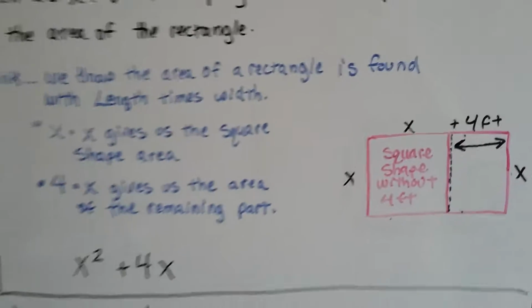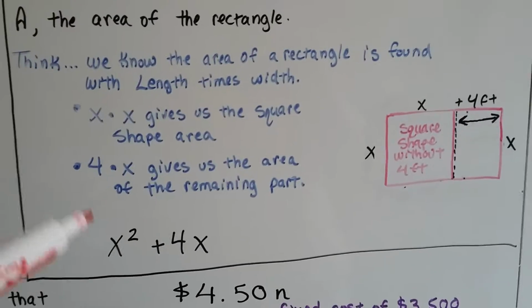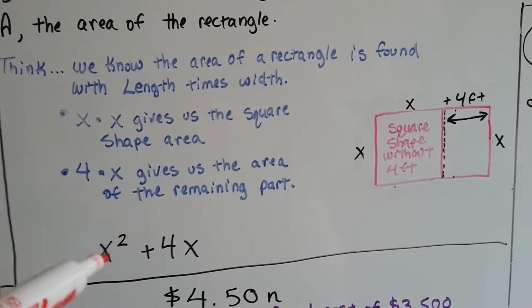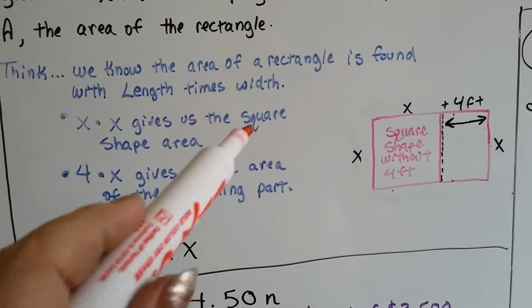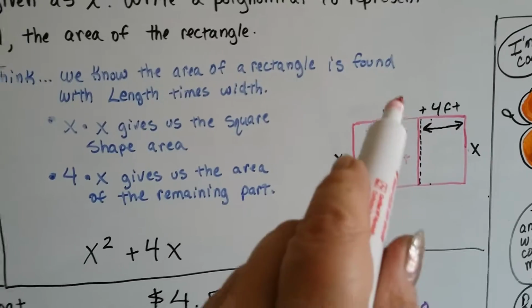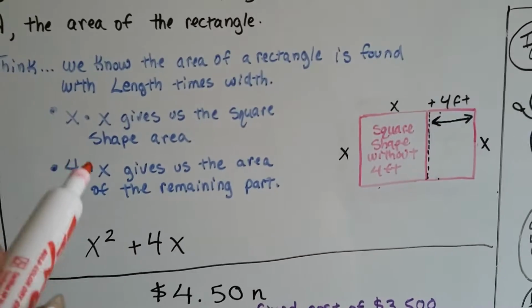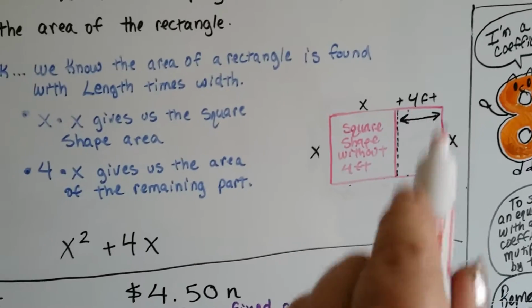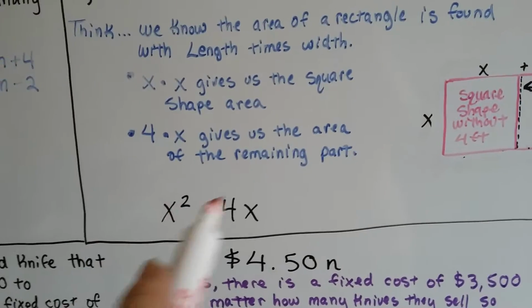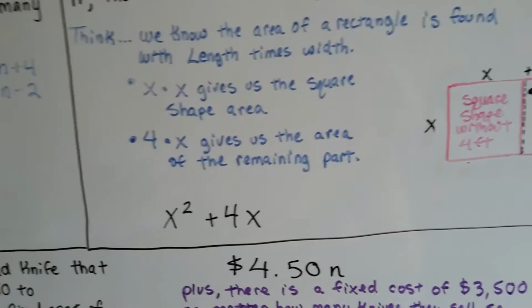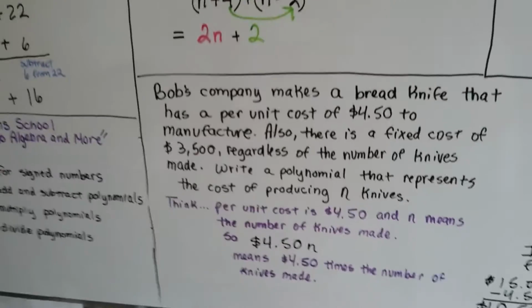So because of that, we end up with x squared plus 4x. See? The x times x gives us the area of the square shape right here. And the 4 times x gives us the area of the remaining part, see? And we have x squared plus 4x as our equation. All right, let's take a look at this one.